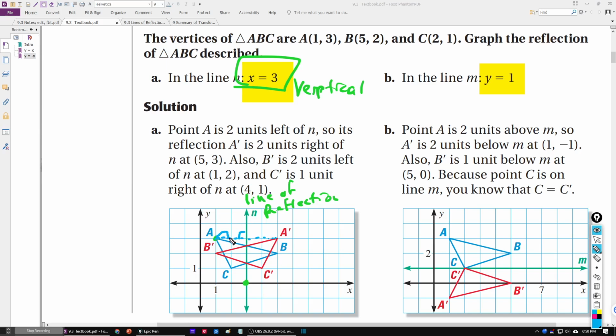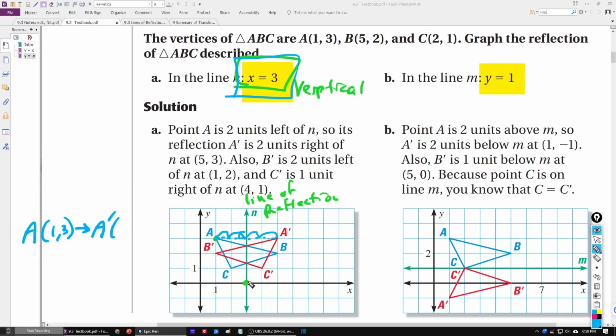So we can count these horizontal blocks, 1, 2 blocks, to get to the line of reflection, and therefore we count 2 blocks beyond the line of reflection, 1, 2. Okay, so A at 1, 3 is going to be transformed when reflecting over the line x equals 3 to A prime, which is at the coordinate of, and what is that?